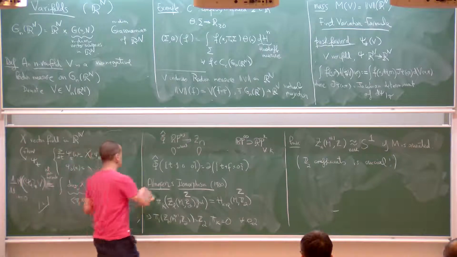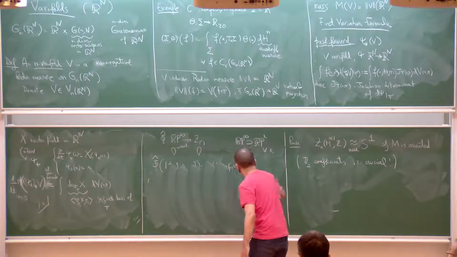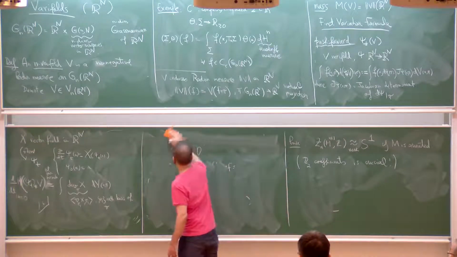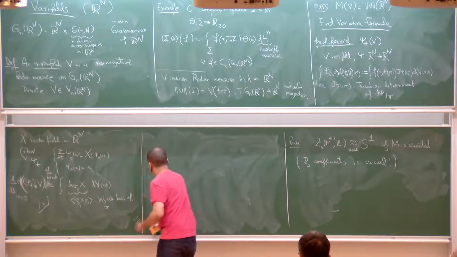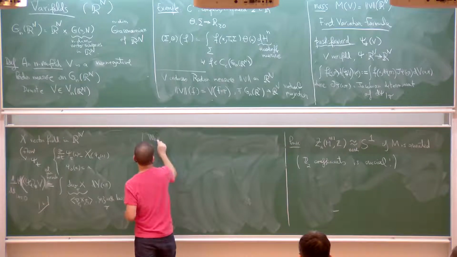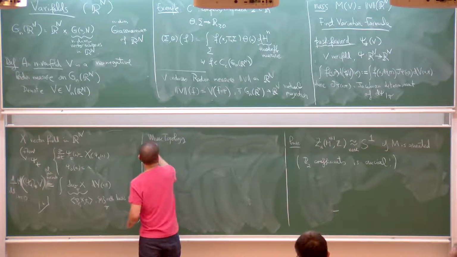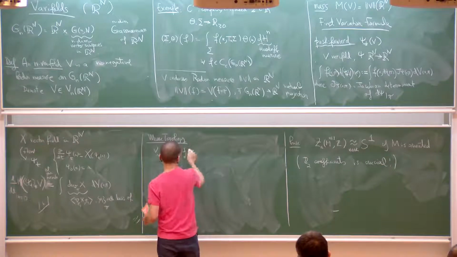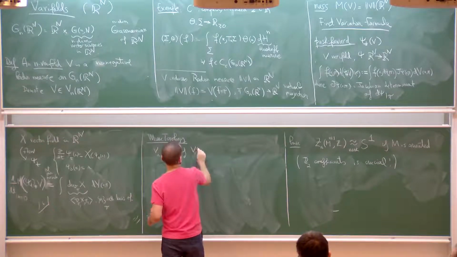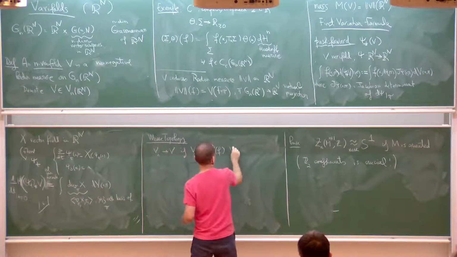So the consequence is the following. The space of varifolds are measures, so I have the weak topology. Just say that a sequence of varifolds V_i converges to a varifold V if, by definition, V_i(f) converges to V(f) for every f.